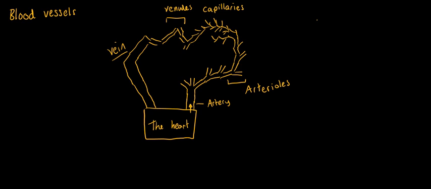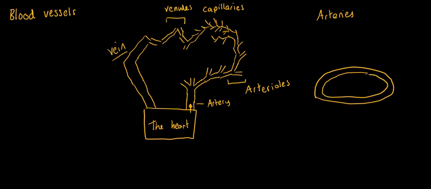So starting with arteries, what we have is a reasonably thick layer of collagen on the outside of the artery. And the role of collagen is strength, so that the artery can withstand the high pressure. Then the next layer, we're going to have smooth muscle.